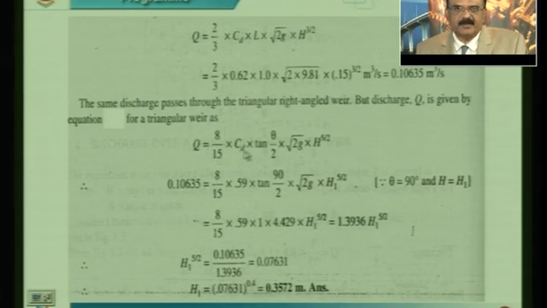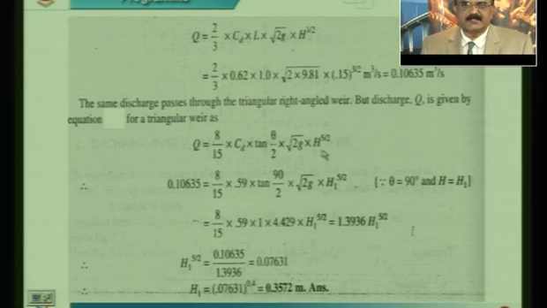Then 8 by 15, CD is given 0.59, and it is a right angle triangle V notch. Therefore, my tan theta by 2 becomes tan 45. Tan 45 is equal to 1, into root 2g, again constant, into h raised to 5 by 2, the unknown value.